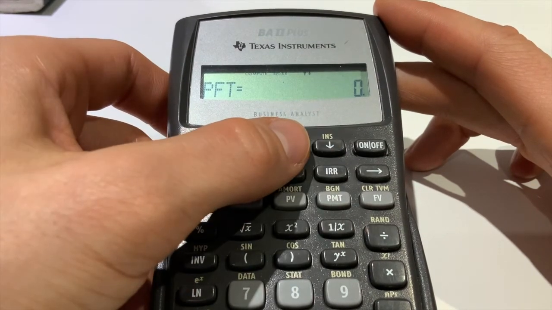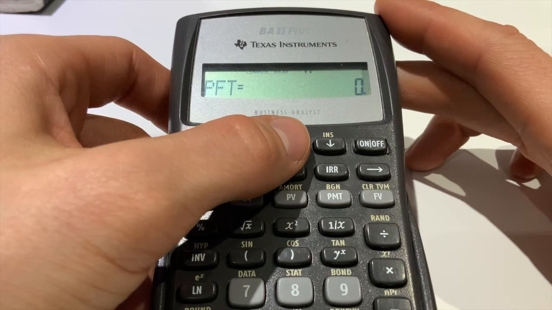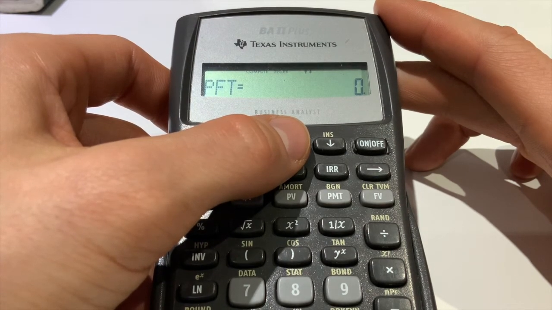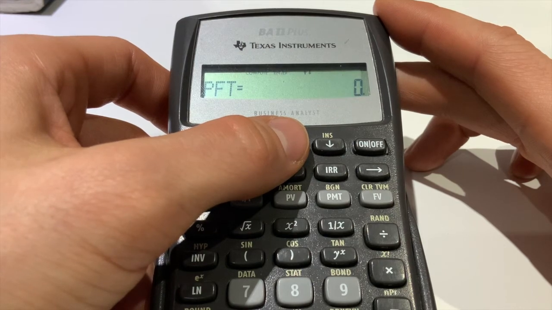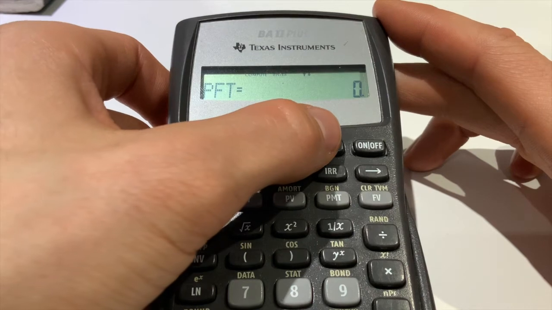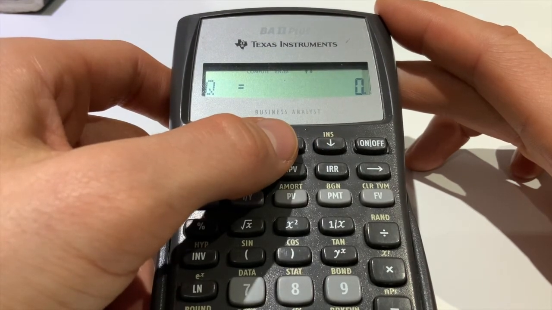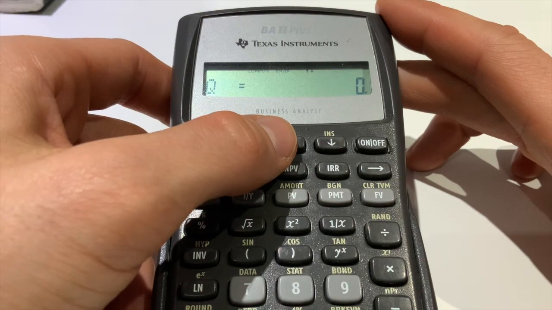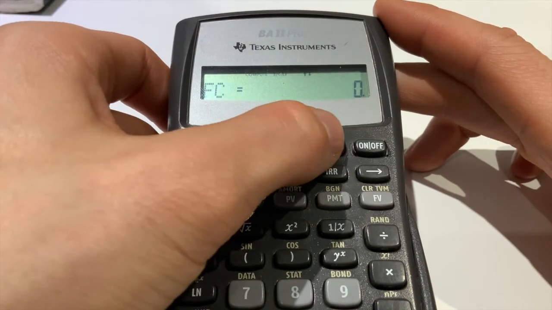PFT means profit. Because you're working with break even, you will set the profit to zero. If you wanted to make a profit instead, you can change that. Lastly, Q stands for the quantity or the volume. Then you can just keep going up and down.